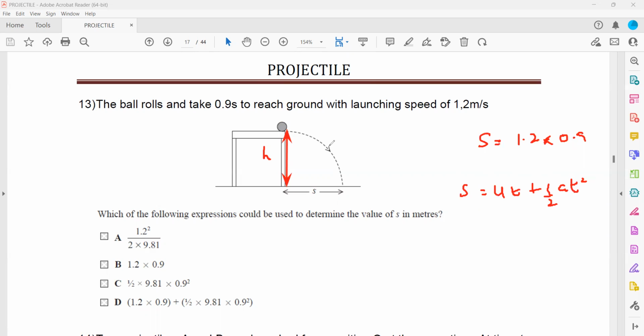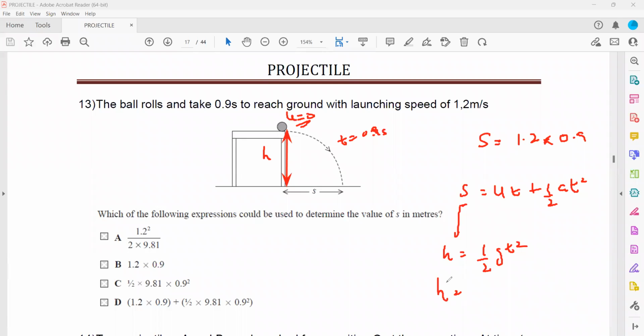Why did I mention this equation? Because we know the time, which is 0.9 seconds, and we know the initial vertical speed is zero. Horizontal is there, but there is no component of vertical motion. That's why initially it is zero. So this S will be h. Initial vertical component is zero, so zero multiplied by time is zero, and then it will be half gt square.